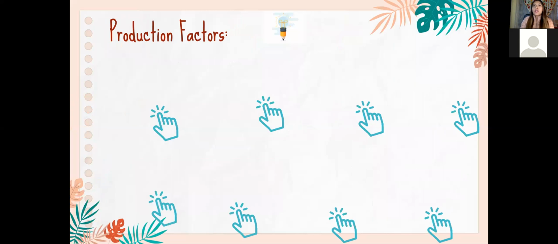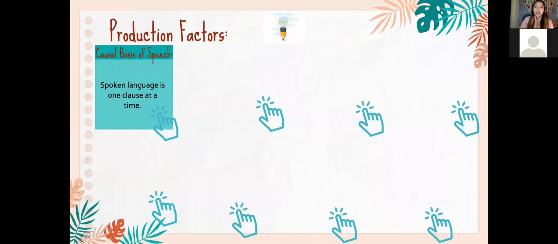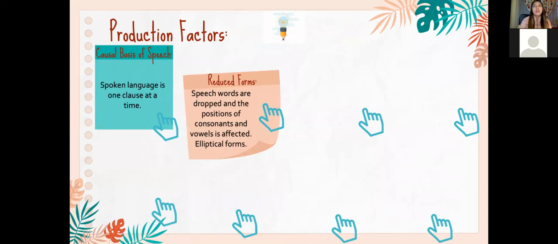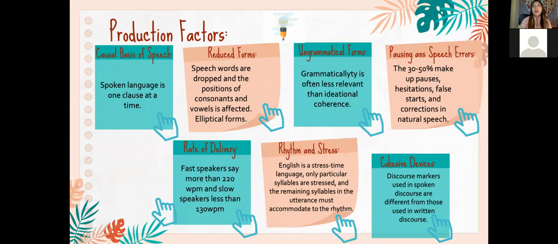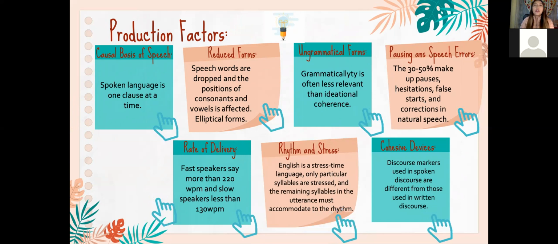We are going to check that there are production factors in this case. He summarizes them in 7 factors: casual basis of speech, reduced forms, grammatical forms, pausing and speech errors, rate of delivery, rhythm and stress, and cohesive devices.